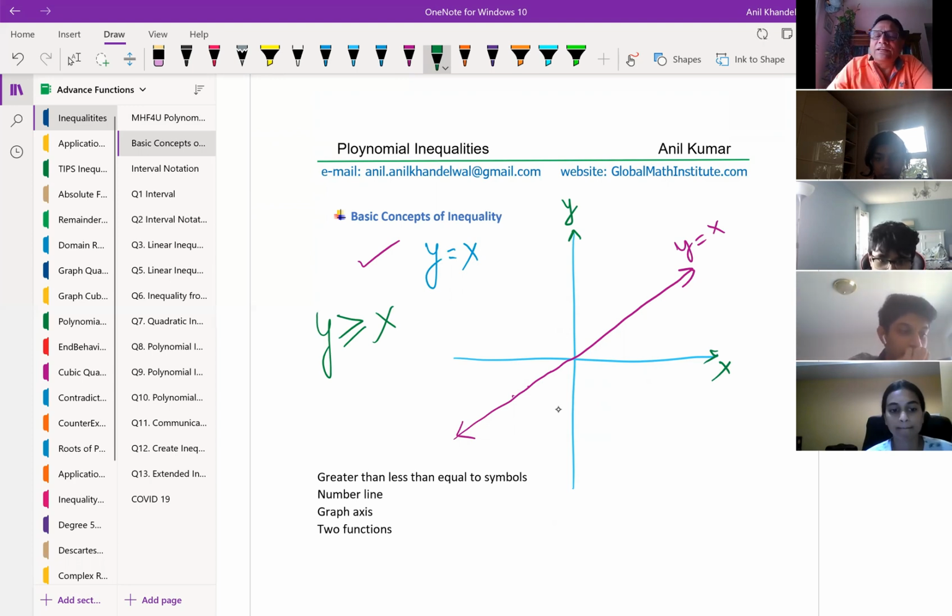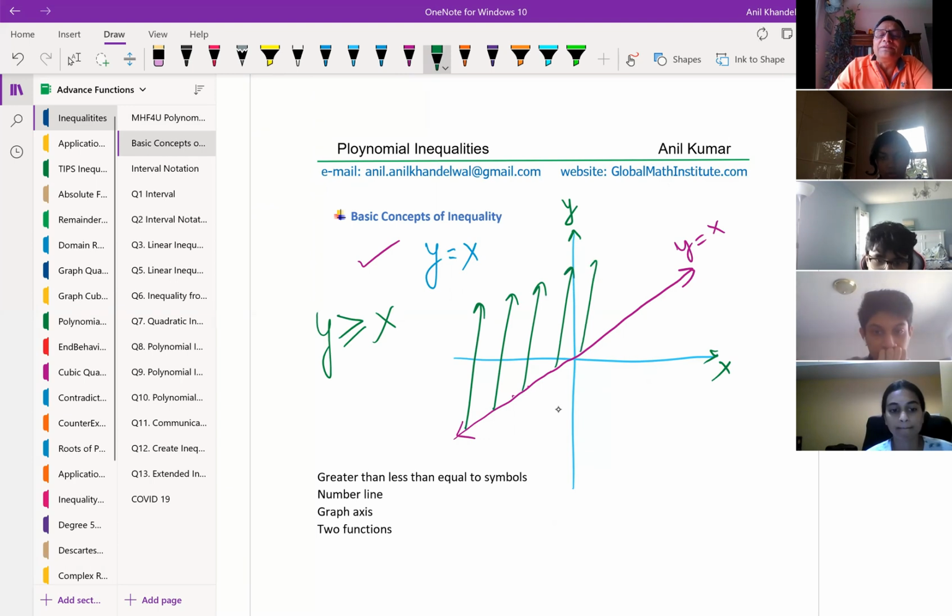So when I say greater than or equal to, that means the region which is above this, and also includes the line itself. You see that? So when we have an inequality, we have a region, as you have seen on this particular graph, correct?